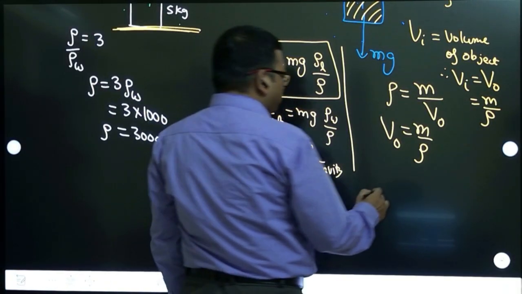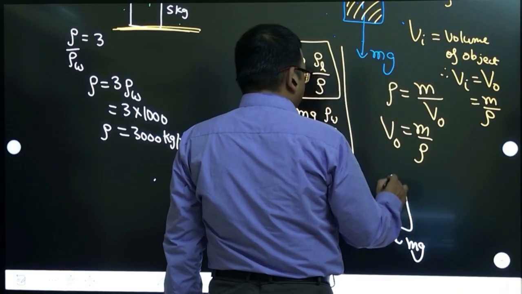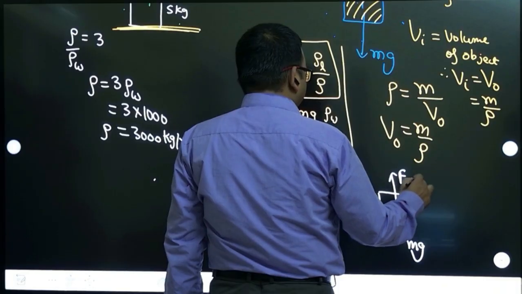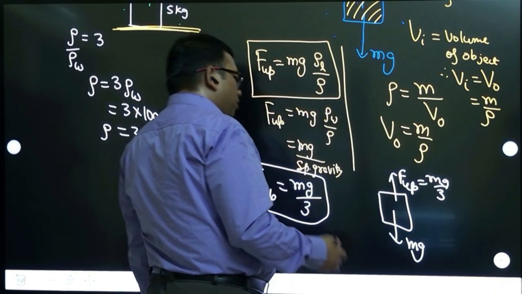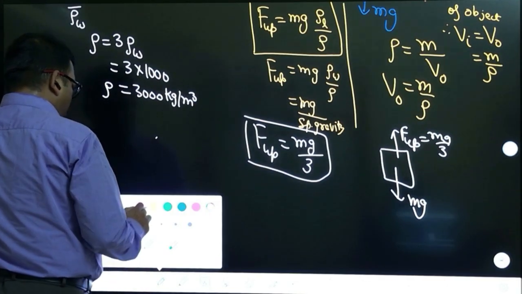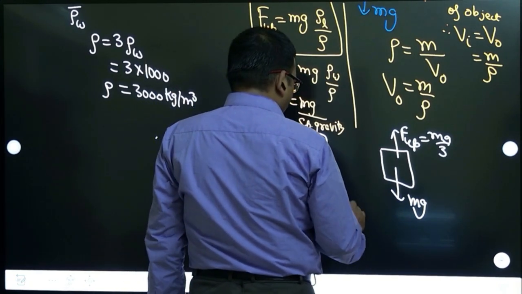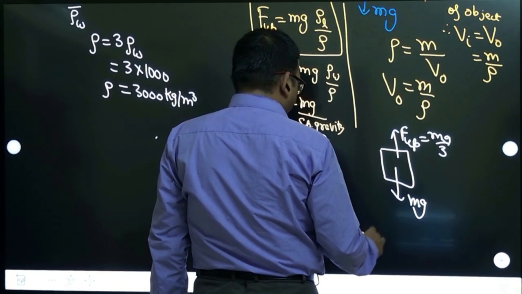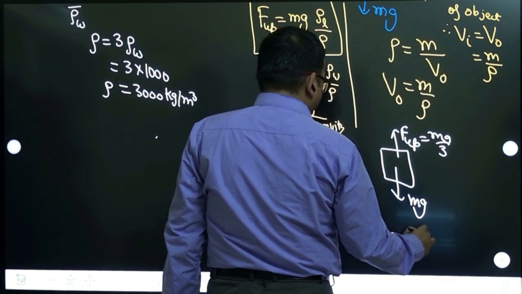So what are the two forces acting on this body? One is mg and another is upthrust, which is mg by 3. Now what is the total force going to act downward? This is mg minus mg by 3, which becomes 2mg by 3.